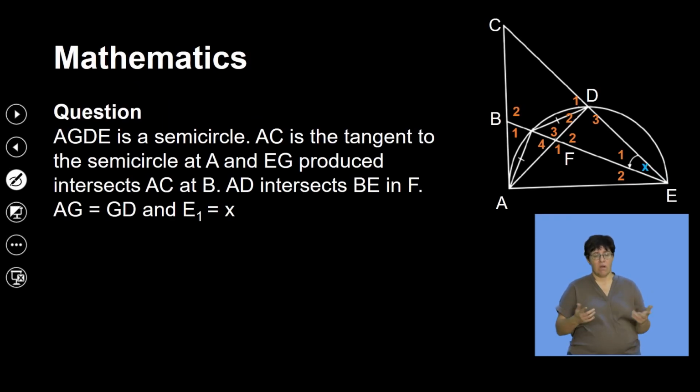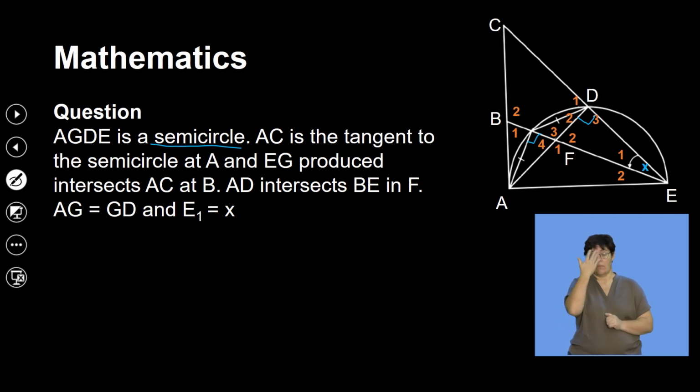All right, so another question now that we have here is AGDE is a semicircle. Semicircle meaning that it is half a circle, and AC is a tangent to this. So if this is a semicircle, it means that that angle there is 90 degrees and that angle there is 90 degrees.